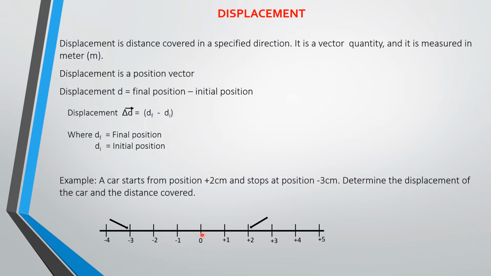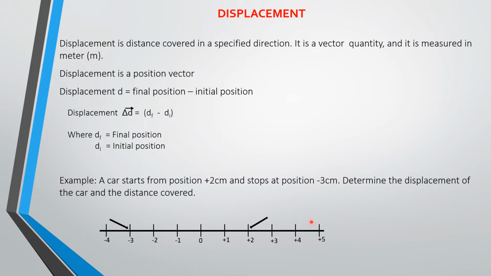Movement from 0 to the left side, or the negative x-axis, is negative displacement. Movement to this side is negative displacement, and to this positive side is positive displacement.